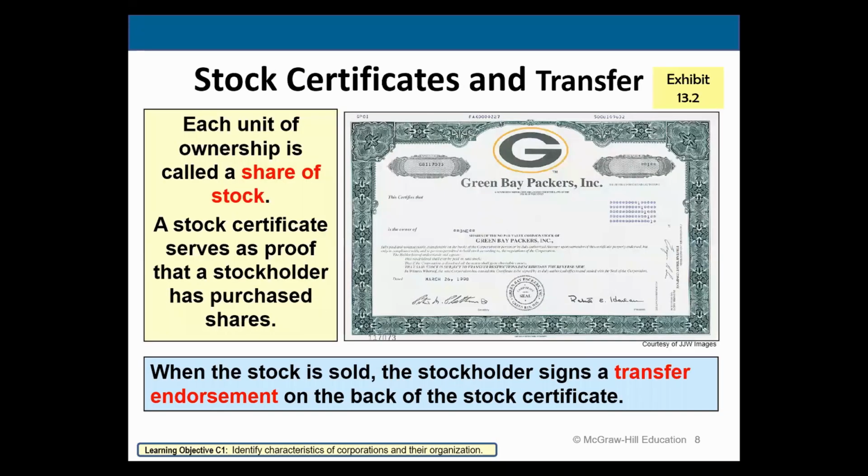Stock certificates and transfer. Now, investors who buy a corporation's stock very seldom, but sometimes, receive a stock certificate as proof of share ownership. Sometimes you can get these. Most often, it's all done electronically.